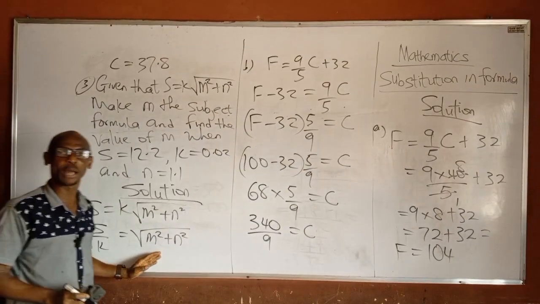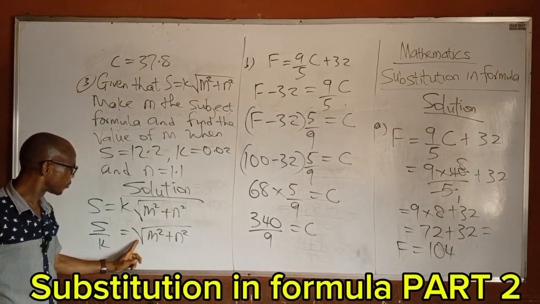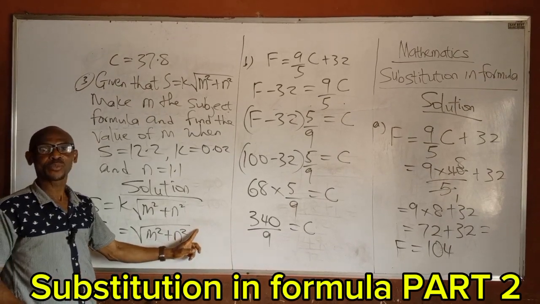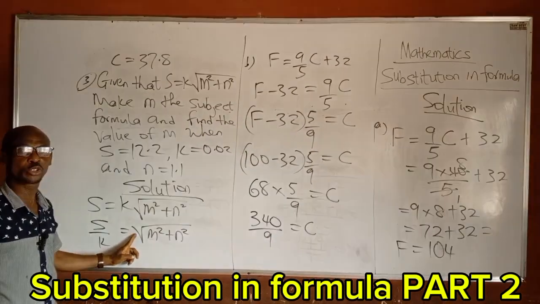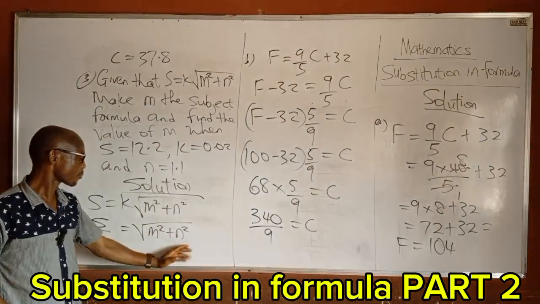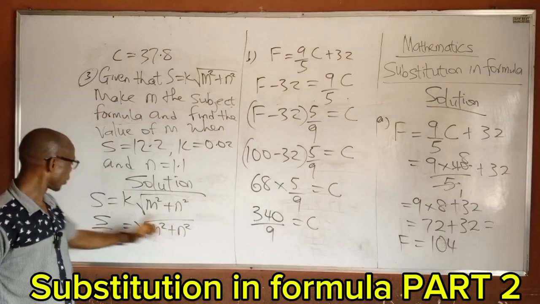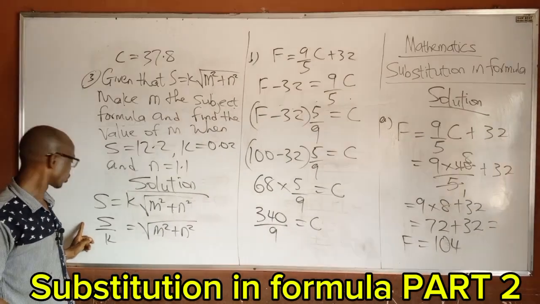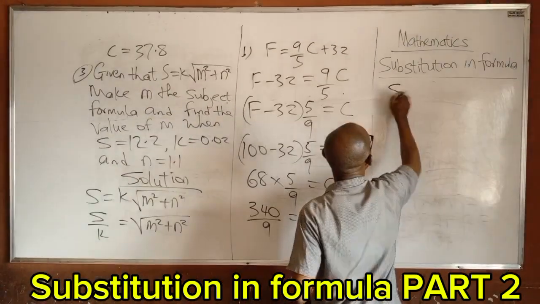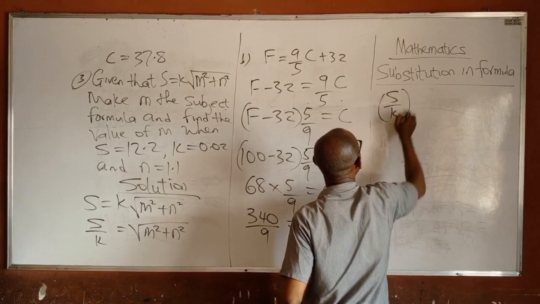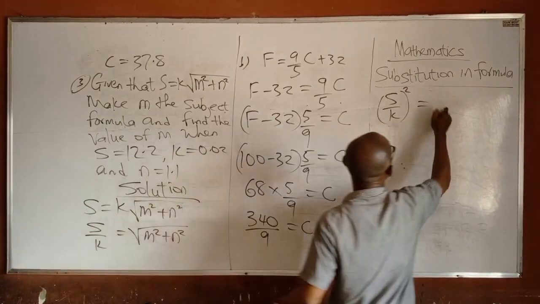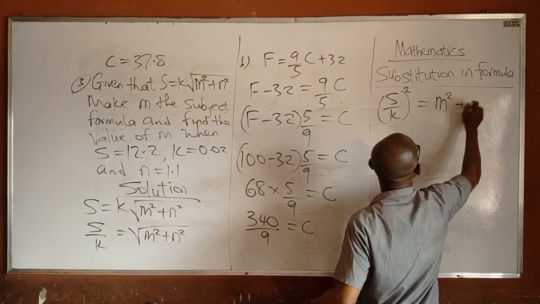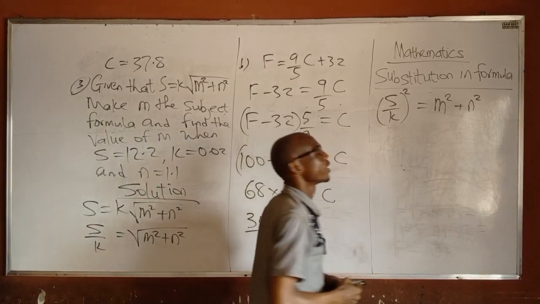Our next task will now be to remove the square root sign here. And how do we remove the square root that is covering all of them? To remove the square root, we are going to make the other side of the equation square. We are going to square the other side. So x over k all square is equal to m square plus n square.